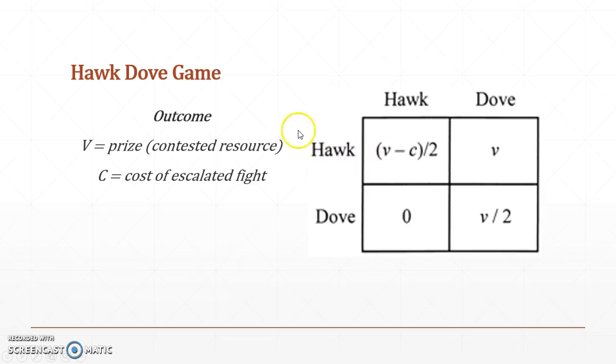If player 1 chooses to be a hawk and player 2 chooses to be a dove, that hawk wins that prize. If I choose to be a dove and the other person chooses a hawk, then I would lose everything. But if both players choose dove, then we just split the prize. So as you can see, it's kind of more beneficial for everyone if we just chose to be a dove all the time because we're losing the least amount.